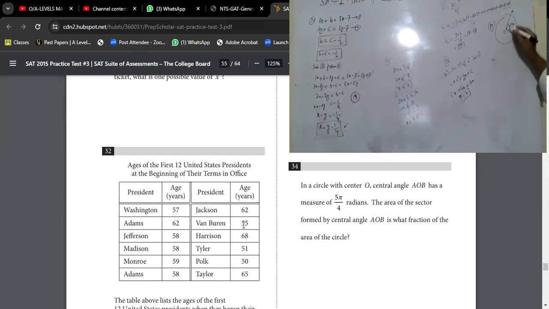So the area of this sector, we know that the area of the circle is pi r square.